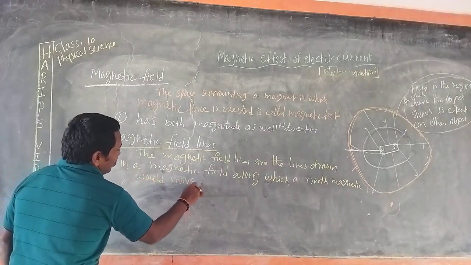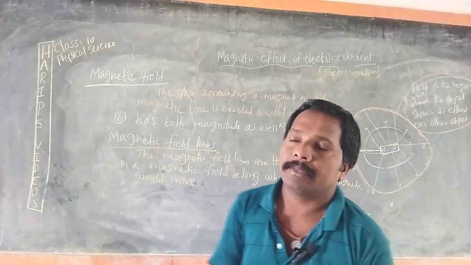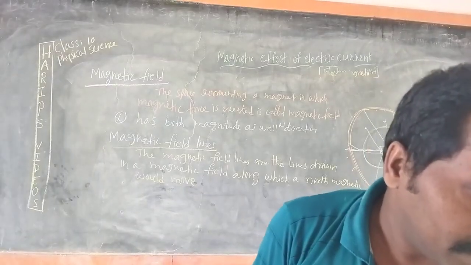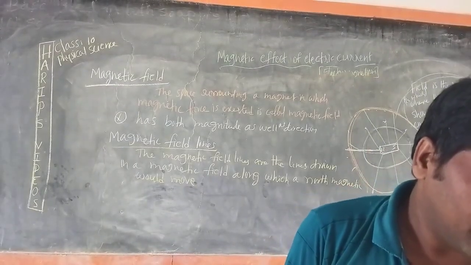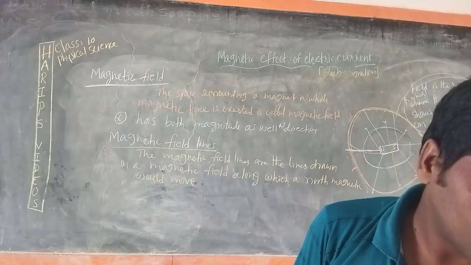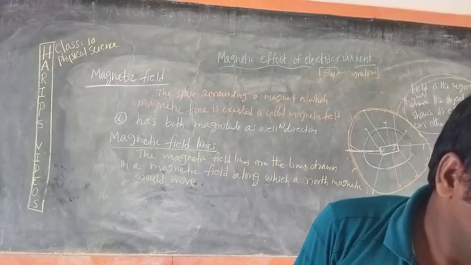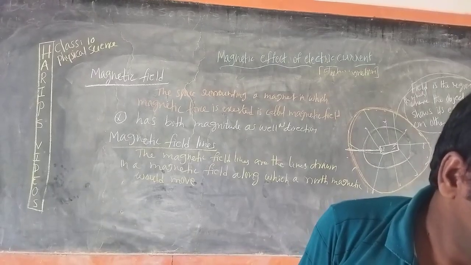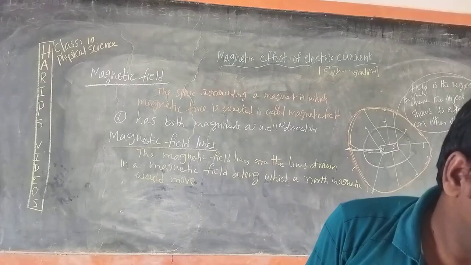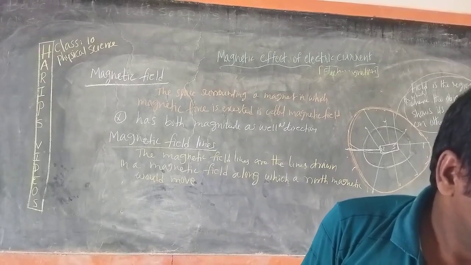So simply, the lines which represent the magnetic field are called magnetic field lines. Simply we can say that, we can represent the magnetic field in terms of lines.